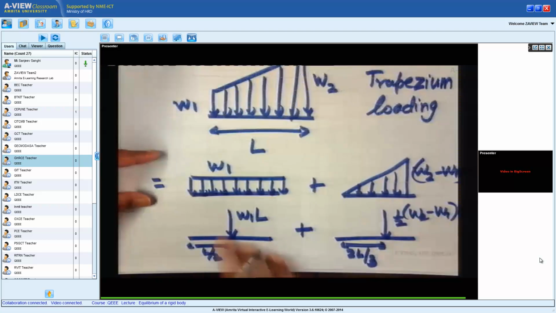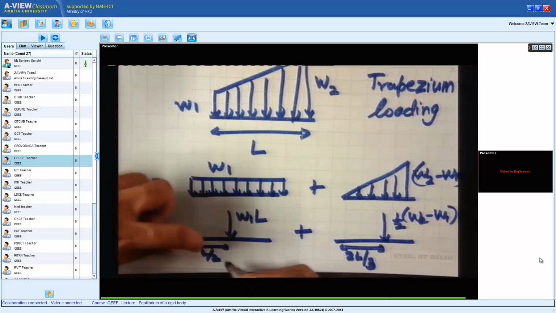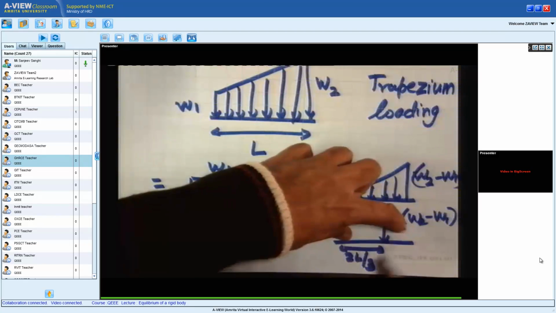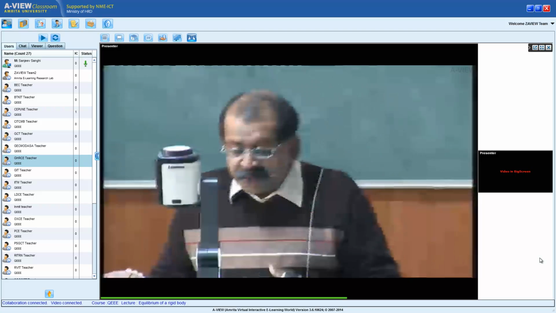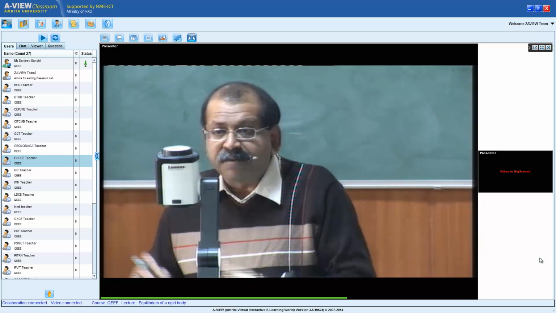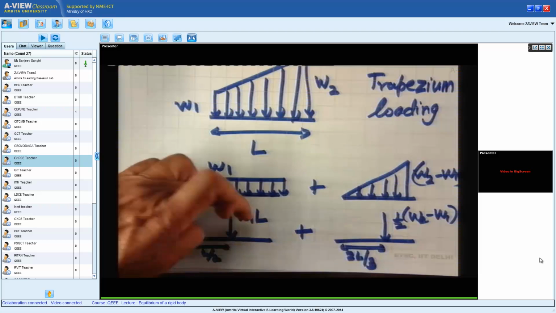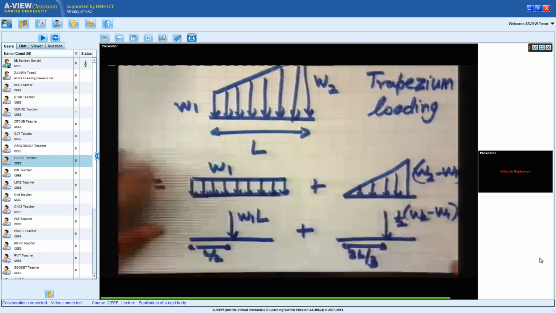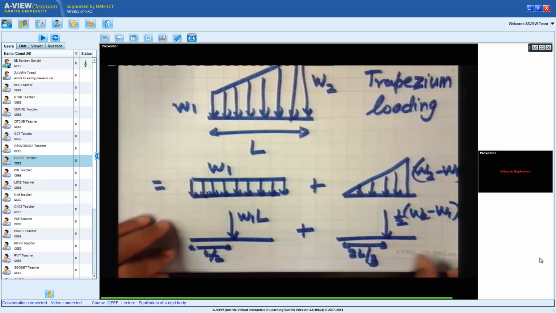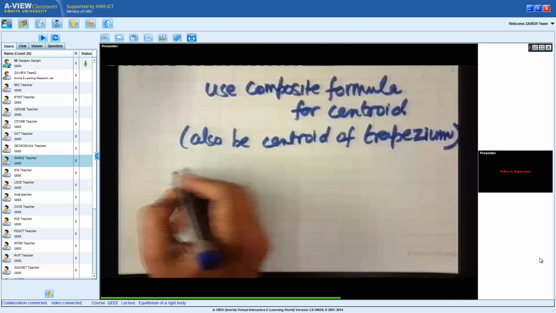We have these two. So I have force 1 acting at a distance x1, force 2 acting at a distance x2. So the total effective force will be F1 plus F2, and it will act at a distance of F1 times x1 plus F2 times x2 divided by F1 plus F2. So effectively, let's work it out.